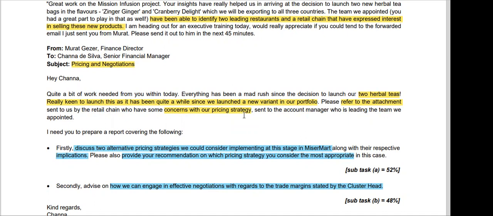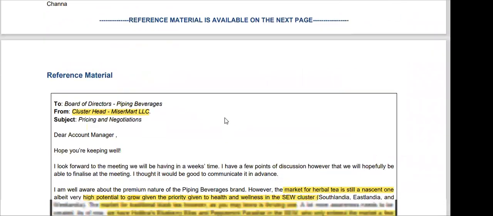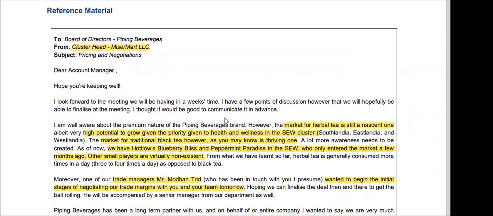We had received an email from one of our clients, and the client is concerned about our pricing strategy. Let's look at the reference material to figure out what type of email we have received from our client. We had received this email from the cluster head of Mysore Mart LLC.